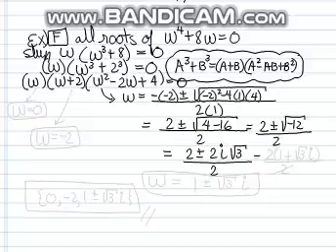Now I can factor a 2 out in the front, and it leaves 1 plus or minus square root of 3 times i all over 2.